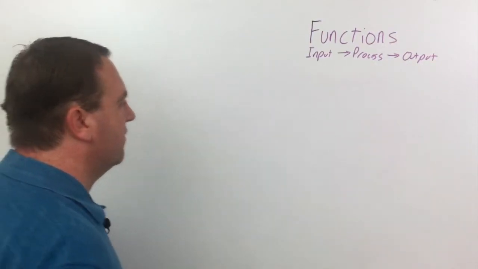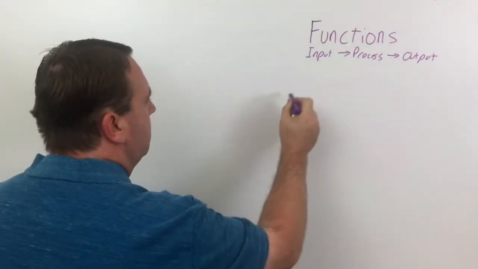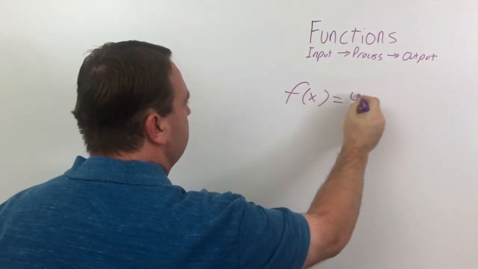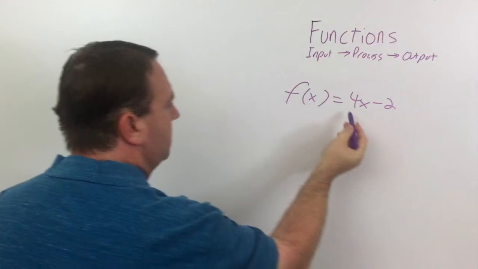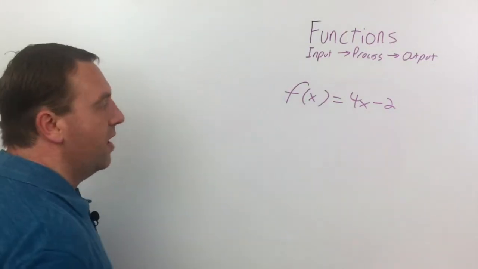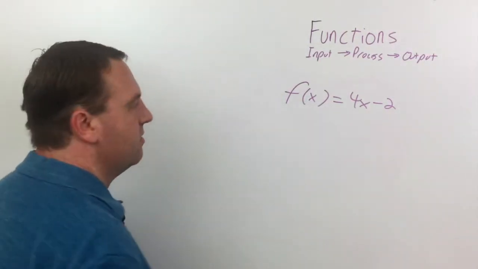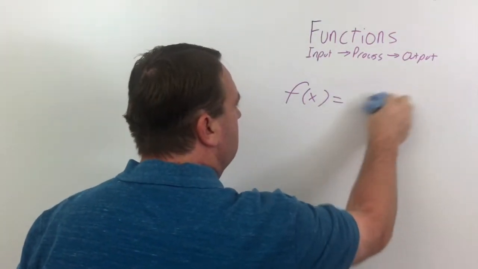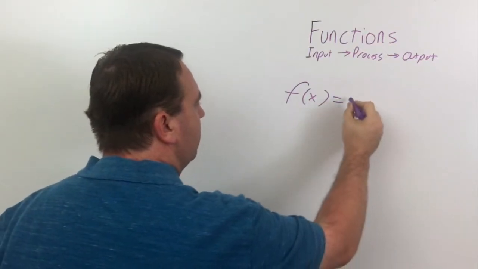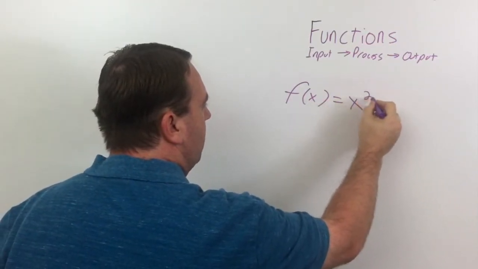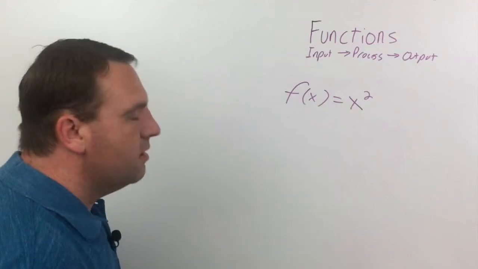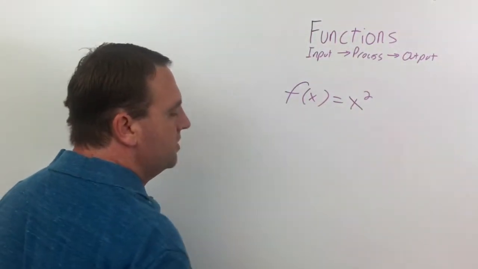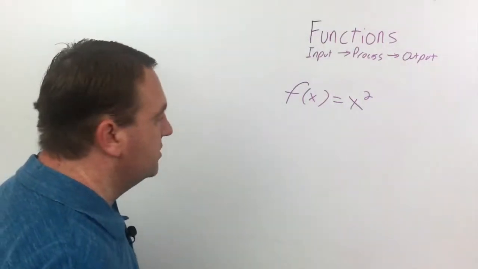And so if I say f of x equals 4x minus 2, that yields one value, and its inverse also yields one value. But for more complicated expressions, let's look at f of x equals x squared. Here, the function will only yield one value because any value only has one square.